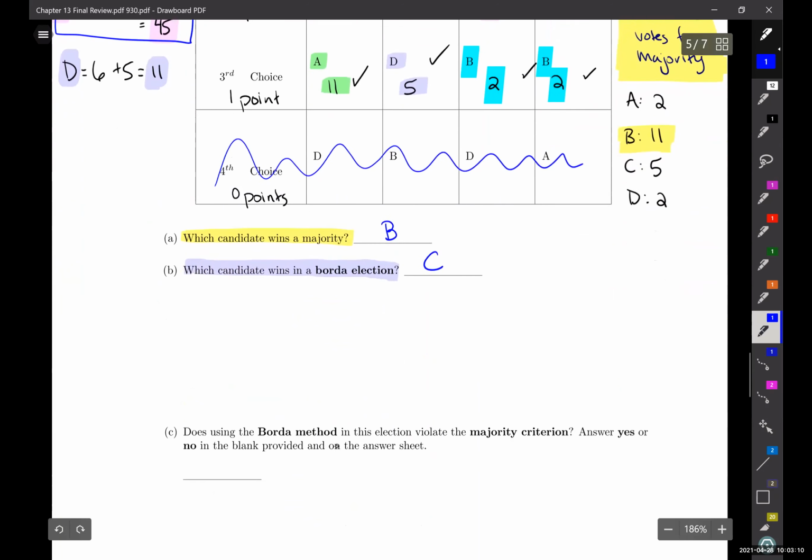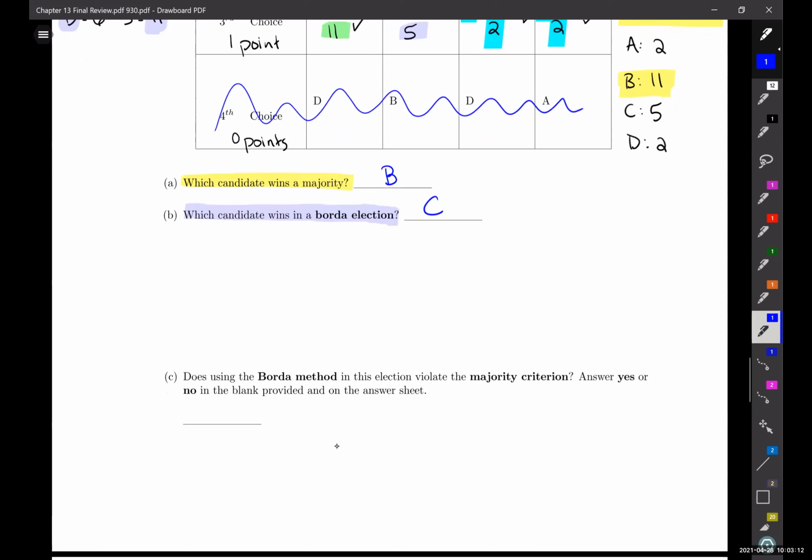So this brings us to our next question. Does using the Borda method in this election violate the majority criterion? So in our notes, we said the majority criterion is the idea that if anybody wins a majority of first place votes, they should be the winner no matter how you calculate the election.